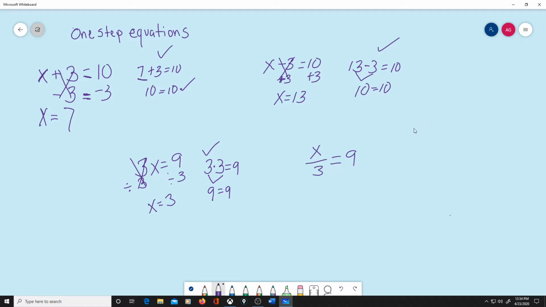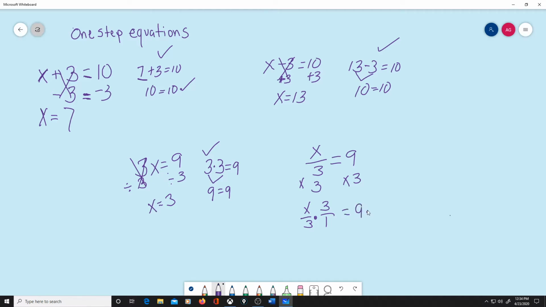Because if I think about a division problem, you do division, you get the result, you multiply the result by what you divided by. If it comes out equivalent, then you know you did your division right. So in this case, we're going to times it by 3, and I'm going to times this by 3. Now what really happens here is this becomes x over 3 times 3 over 1, because we can write any whole number as a fraction by just putting it over 1.